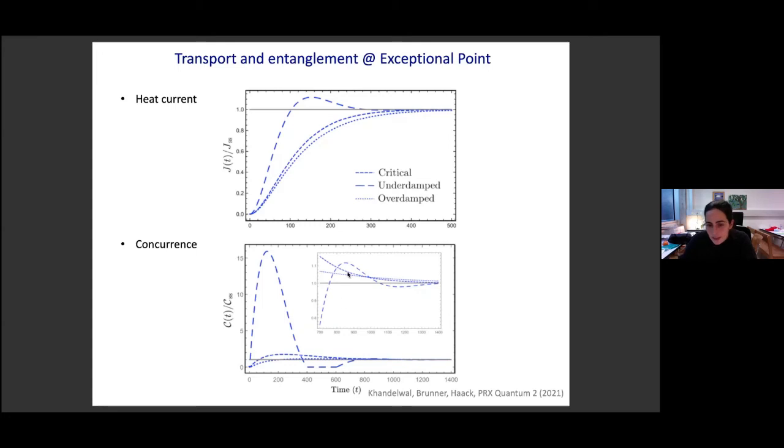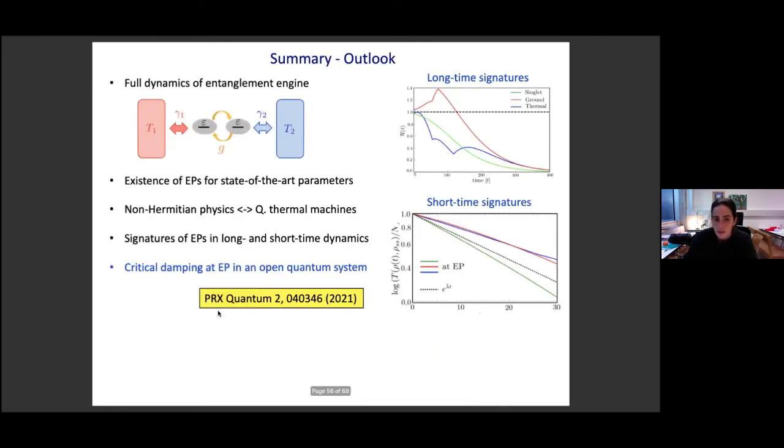If you look at the inset, it's more clear. Again, in the underdamped regime, you clearly see oscillations of the concurrence, whereas in the overdamped and critical regimes, you don't have oscillations. And the critical one is the one that reaches the steady state value faster. So the critical damping that we formally derived from the Liouvillian for the reduced density operator affects transport observables and quantum information measures that may be of interest for achieving different tasks.